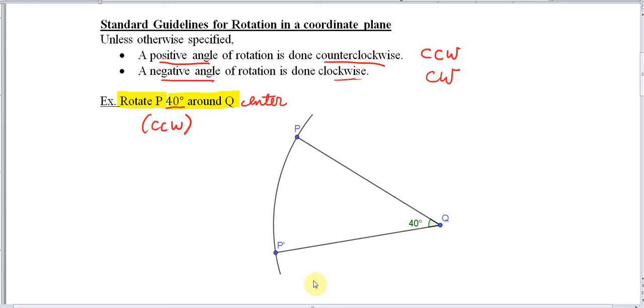So back to this picture here, we can say with certainty that PQ and P prime Q would be exactly congruent to each other. This is what it means to rotate a point, and you can see in some other examples that when we rotate a point or an angle or an entire picture, it follows the same rules.